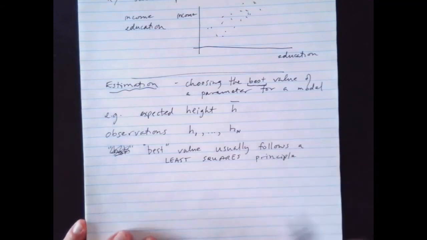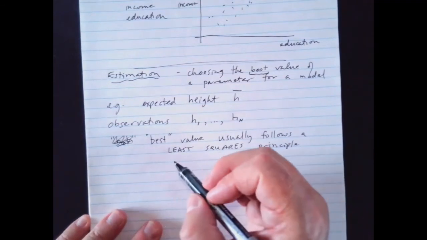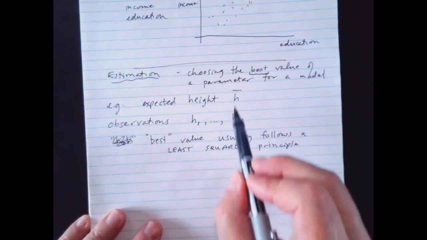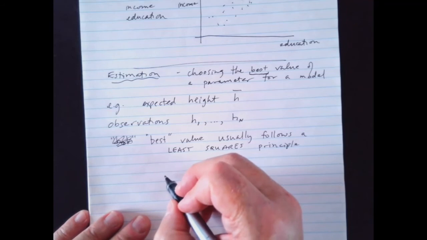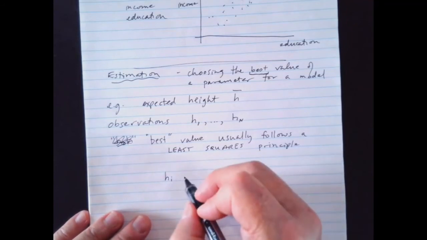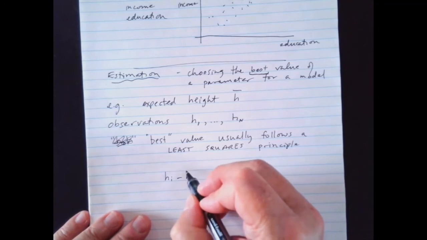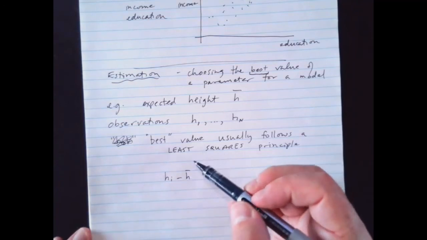What's that mean? Well, you've got all these individual heights and you've got the expected height, and everybody's going to be different from the expected height. So each person, i, in your sample, will be a little above or a little below your expected height.